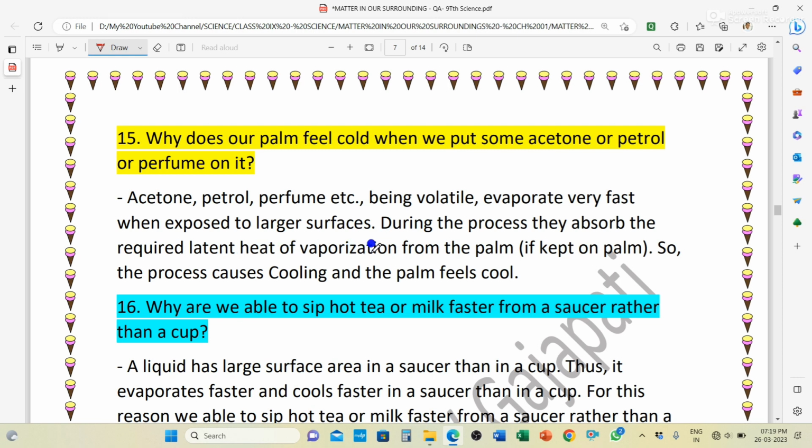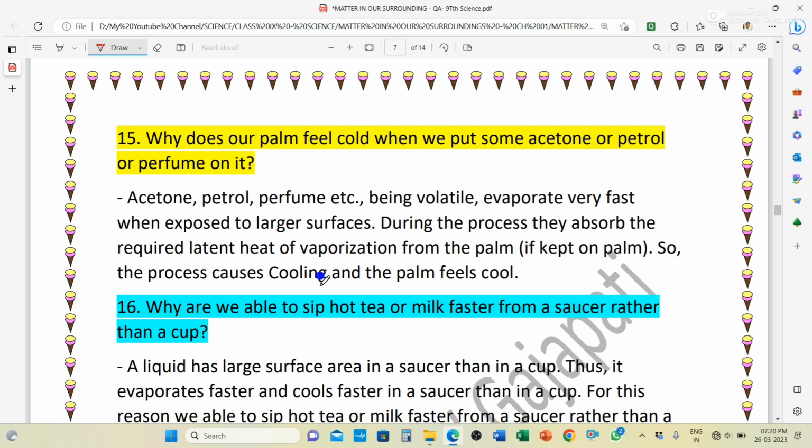Latent heat of evaporation, we will discuss later. There are some questions related to this, and I will tell you shortly that latent heat of vaporization means the amount of heat required to change the state from liquid to vapor. But temperature will not increase, only the state will change from liquid to vapor, that means the gaseous state.